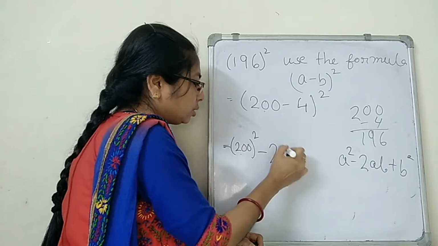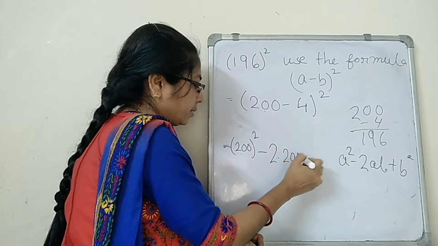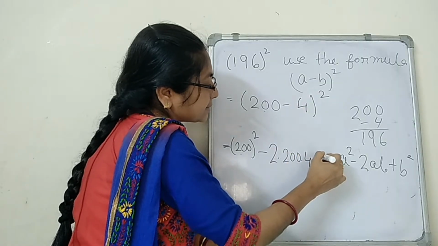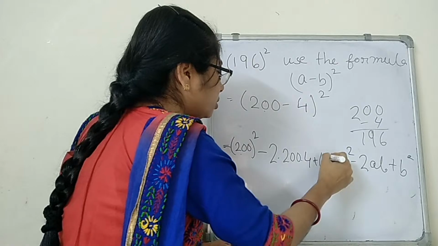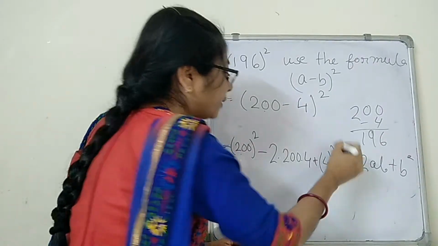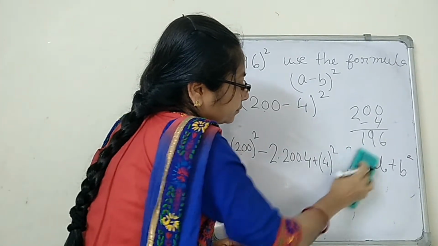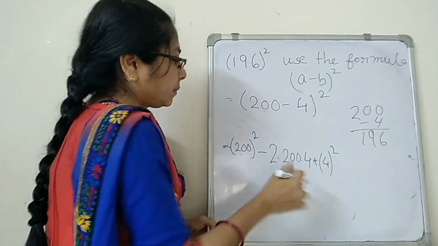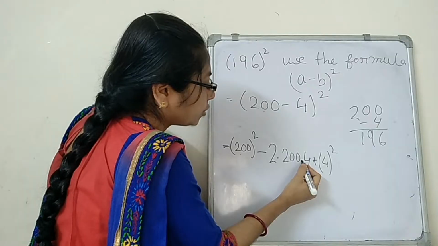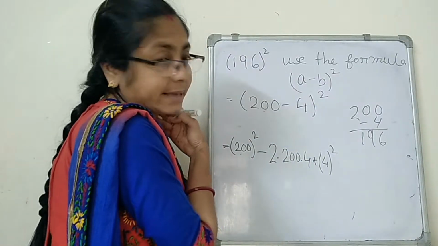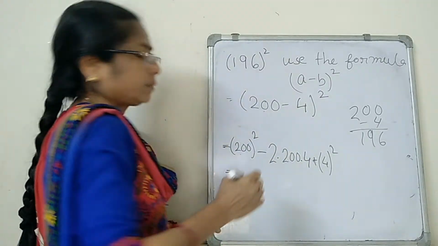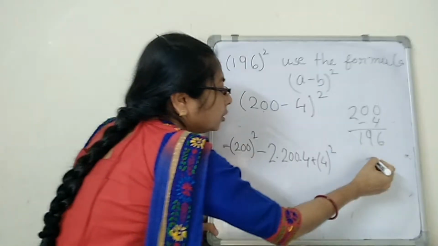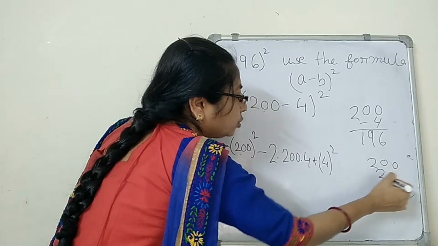A means 200, b means 4, plus 4 whole square. I put a dot. Dot means multiply sign. Okay? Now you do it. 200 into 200. You do.